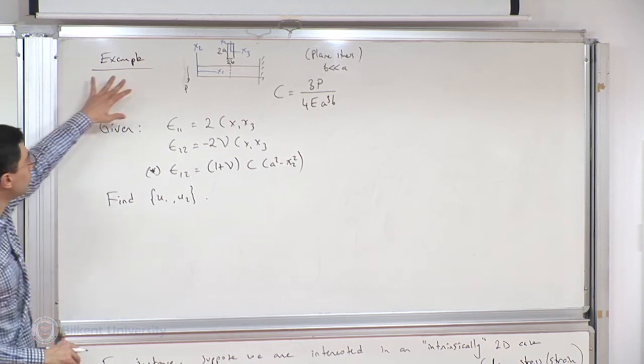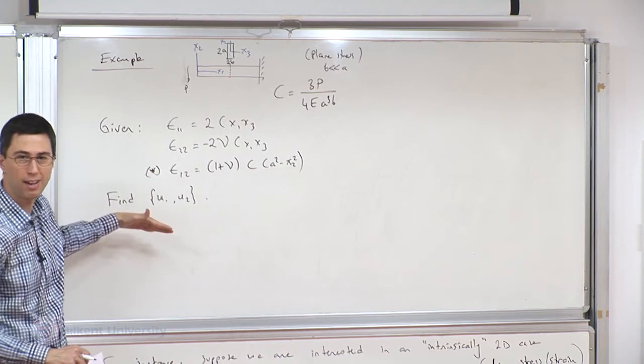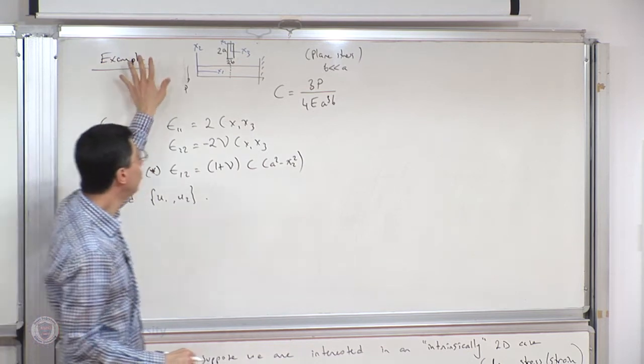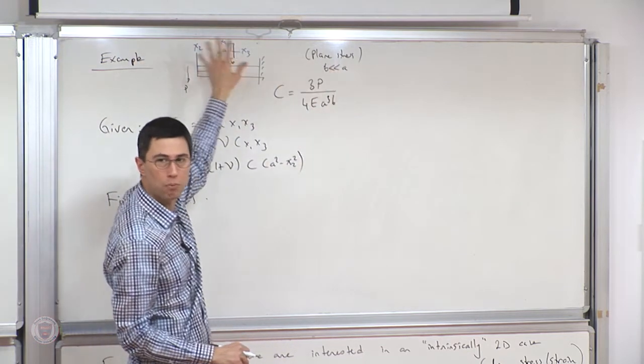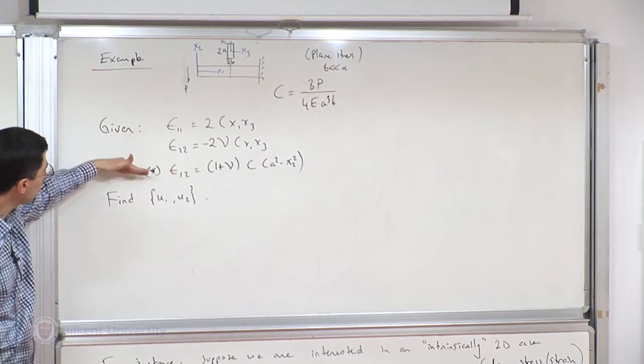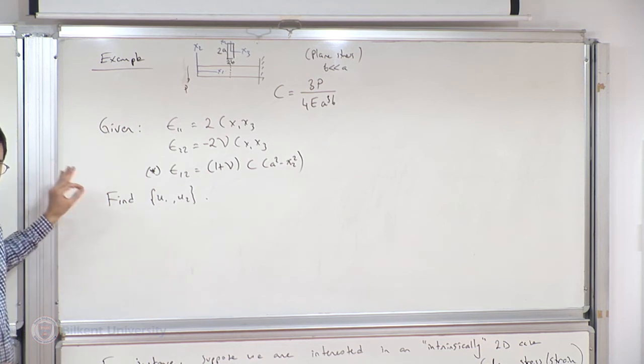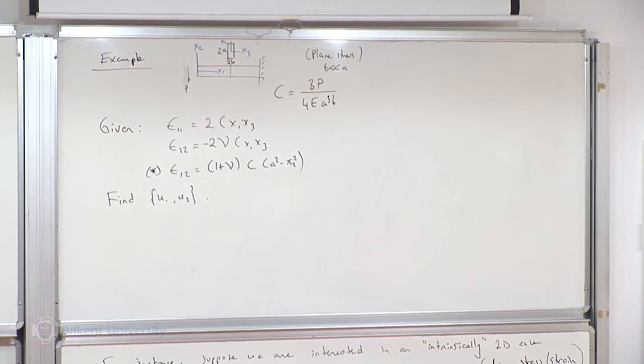So now in practice, of course, nobody would tell you, in this type of exercise, that there is an actual problem that delivers you this strain field. So when you're given the strain field and the question is find U1 and U2, now you have to be careful. First, you have to make sure that your efforts are worthwhile. So first, you check if the strain field is compatible with the existence of a displacement field.